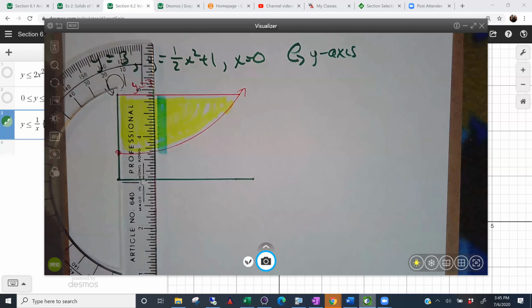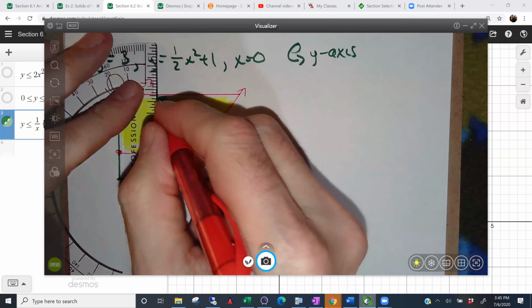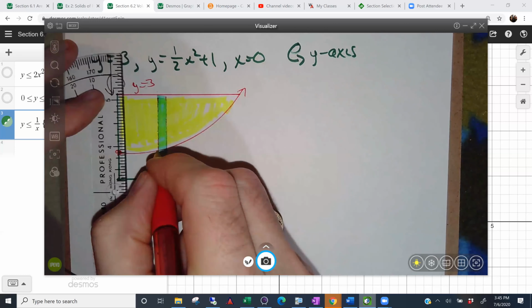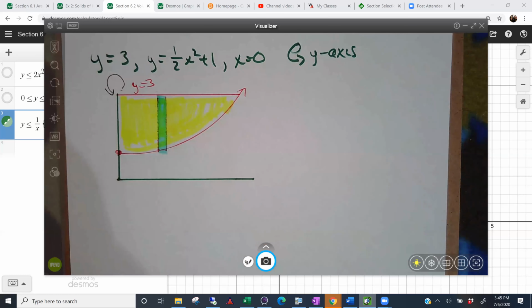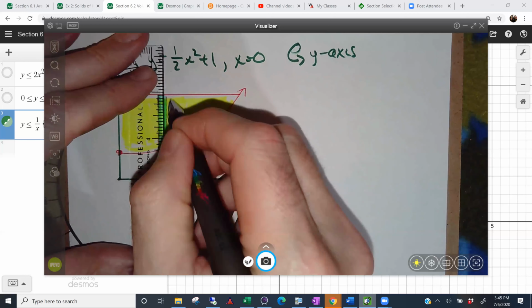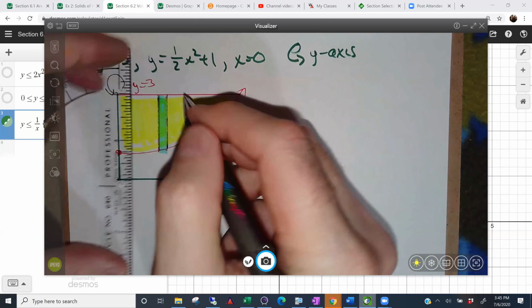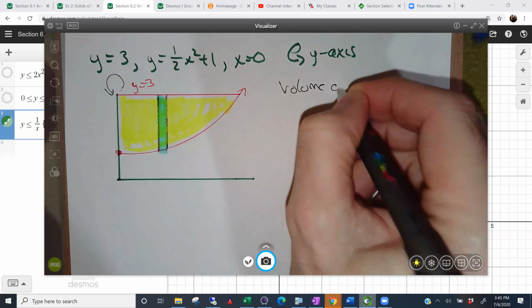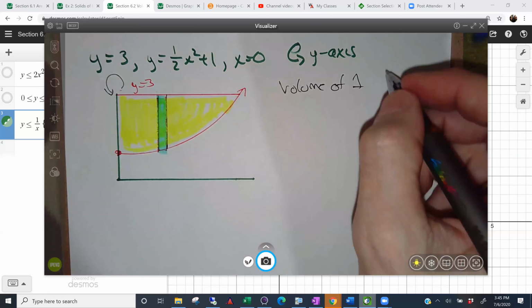So that's your dx slice. And that's going to lead to a shell. We're going to want to calculate the volume of that one shell.